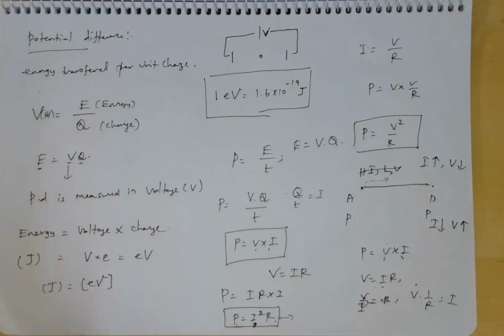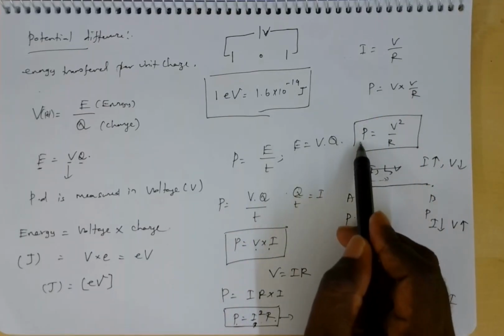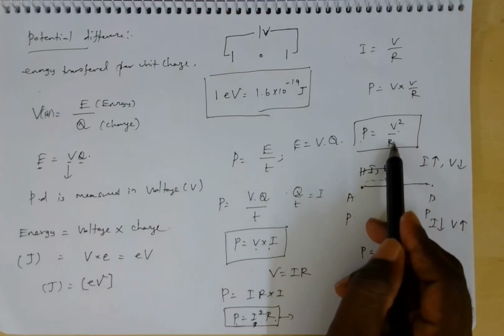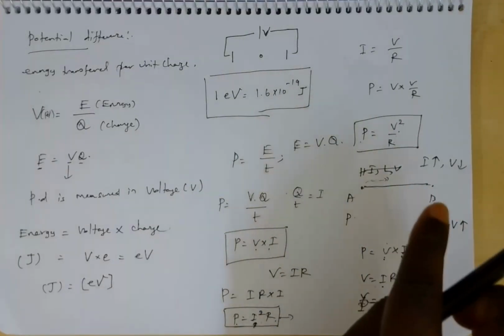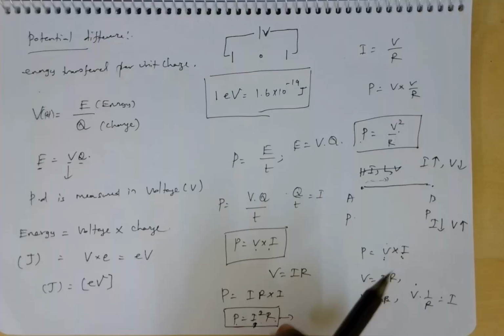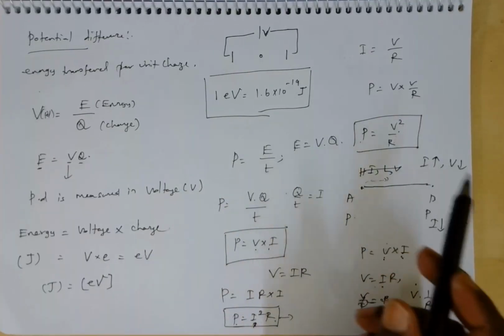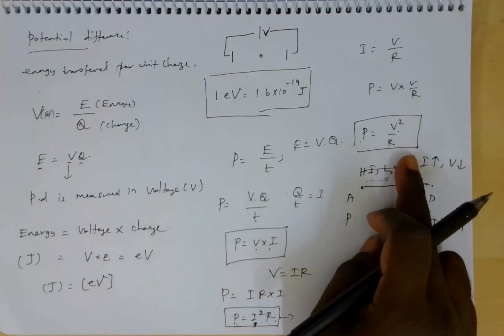So the higher the voltage, the faster the electrons can travel, but fewer electrons will travel. But look at the power, V square by R. Here it is divided by resistance, and the resistance is decreasing. Less resistance. Here it is multiplied by resistance, and the resistance is increasing. So the power loss will be very high in this case. Power loss will be very low in this case.